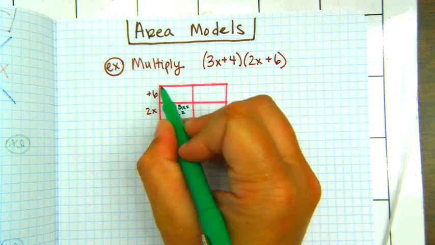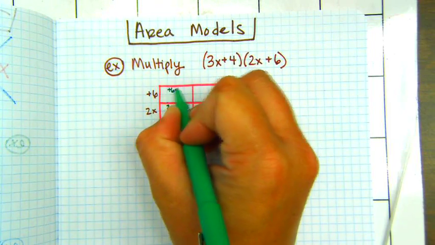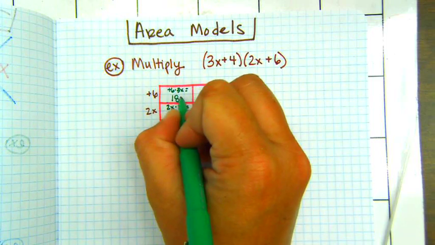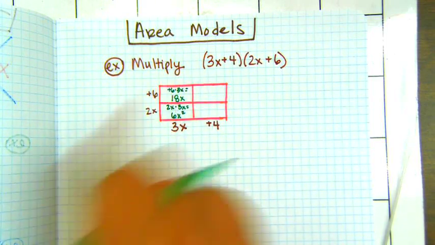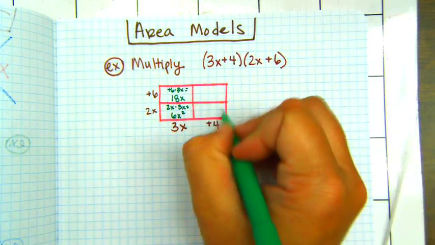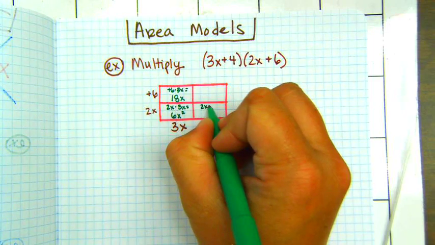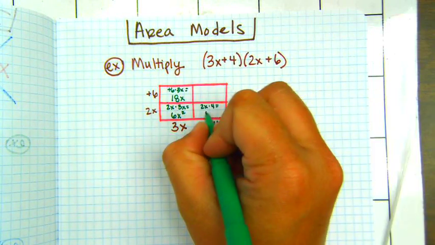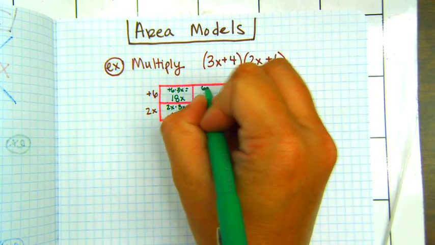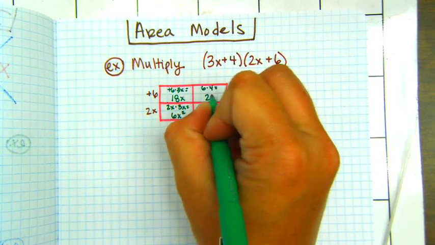This rectangle here is going to be plus 6 times 3x. 6 times 3x is going to give me 18x. You didn't necessarily need to write that plus 6. I just did so I knew what sign I had. This rectangle will be 2x times 4. That'll be 8x. And then in this we're going to have 6 times 4, which will be a 24.